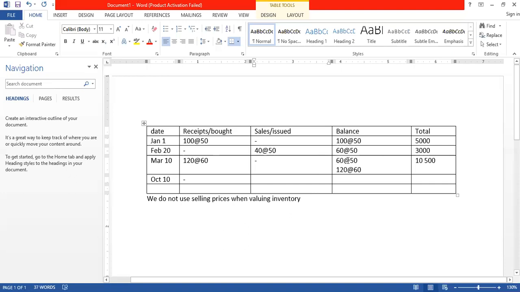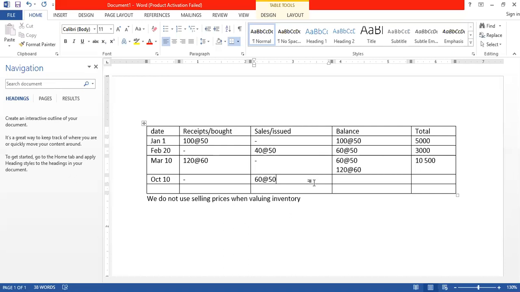So the 60 is the one that you should issue out first because that's what came in first. You understand? So you have 60 at the price of 50. And in total, you sold 60 units.